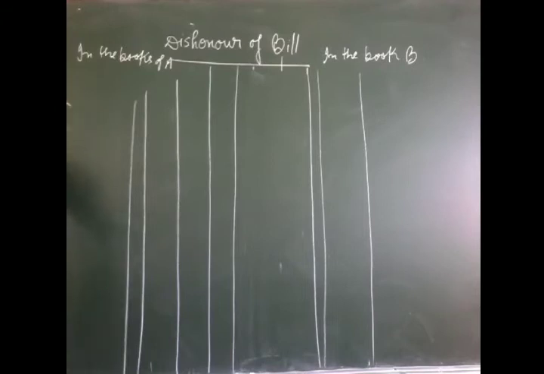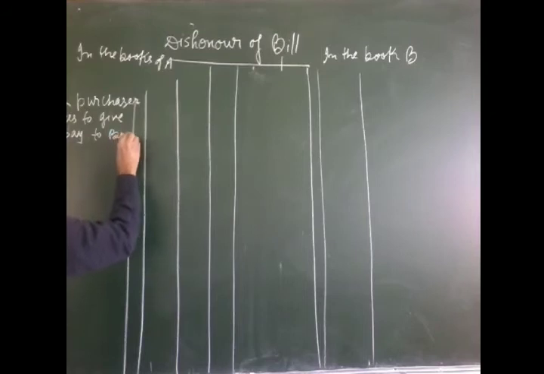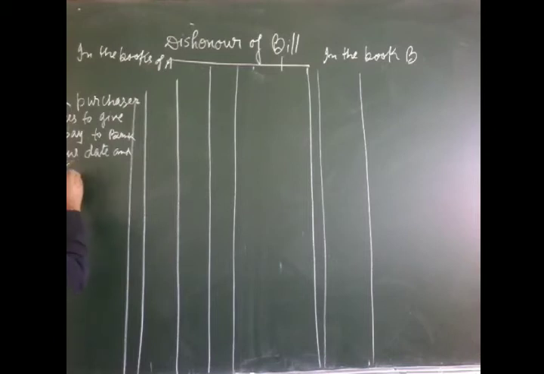When the purchaser denies giving the payment to the bank on the due date and noting charges are paid by the bank, the entry would be B debit to bank.